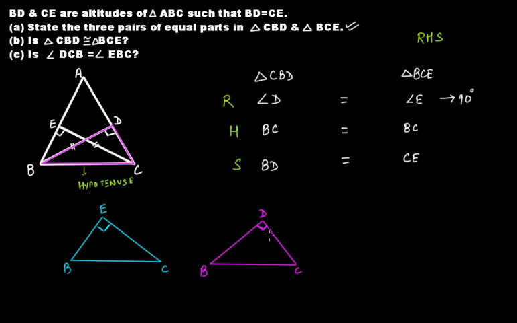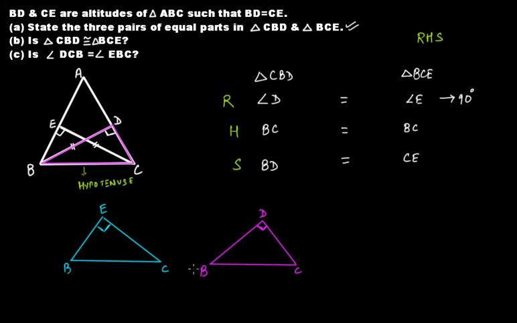Imagine that if you take this triangle and try to superpose it on triangle BCE, then since these two triangles are congruent, this triangle will completely and properly fall over BCE. That is, one of the vertices of this triangle will fall on B, one will fall on E, and one will fall on C.